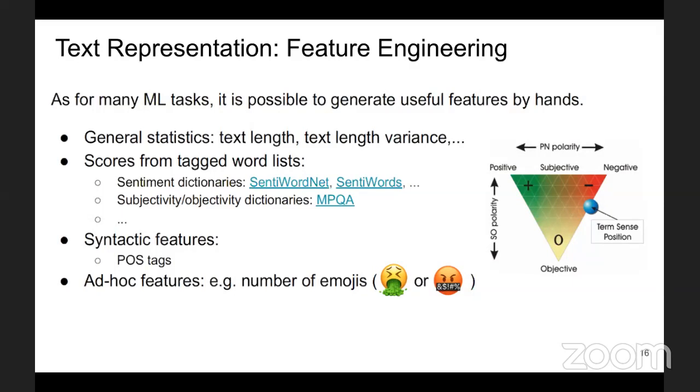Now, general statistics can be regarding text length variances, and these numbers can be calculated and used as representation. Then there are tagged word lists which can give you scores. For example, SentiWordNet, which you can look up, will give you a sentiment label for every word that you query to it.